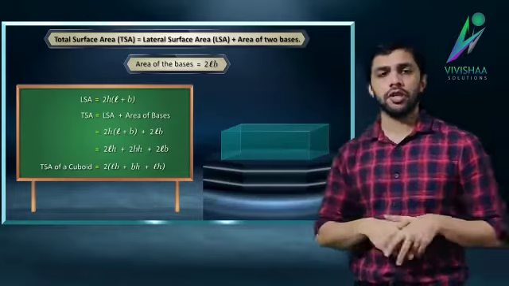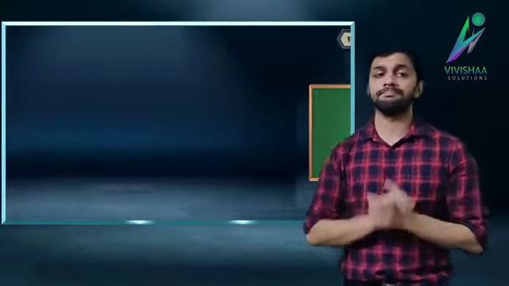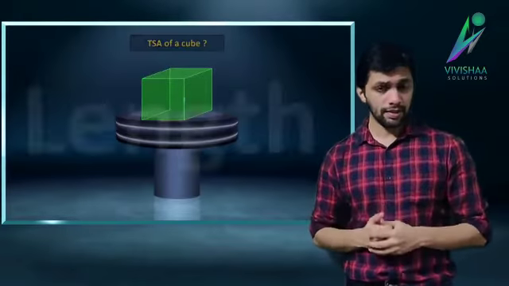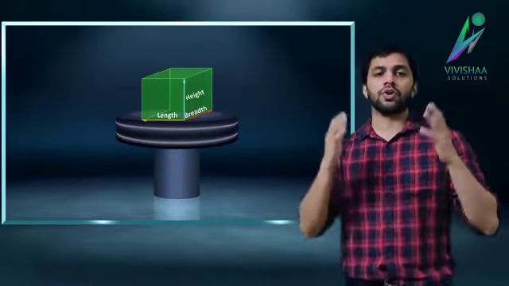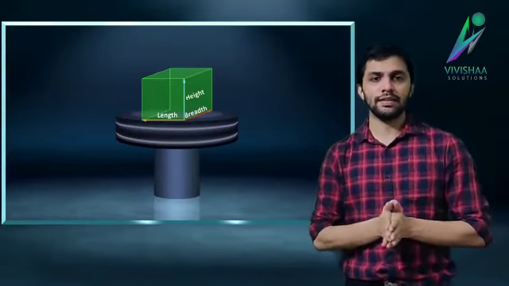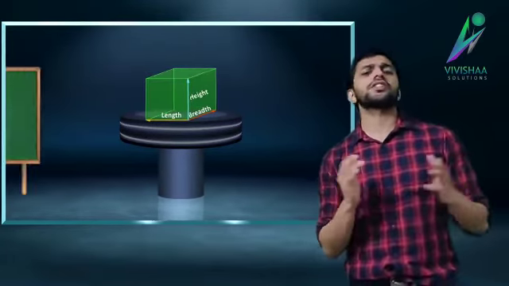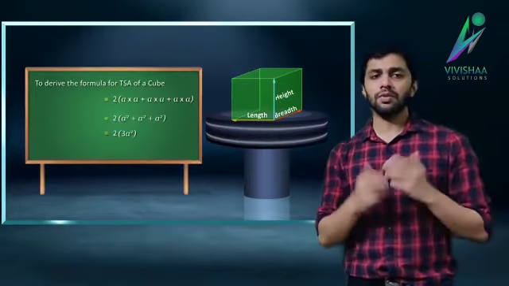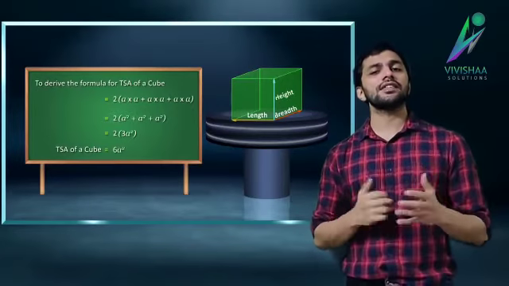We can use this formula to derive the total surface area of a cube too, right? In case of a cube, like we mentioned earlier, the length, the breadth and the height all are equal. So let's again assume that a is what we represent L, B and H as, and just substitute a in place of L, B and H. Now we get the formula for total surface area of a cube as 6a square.